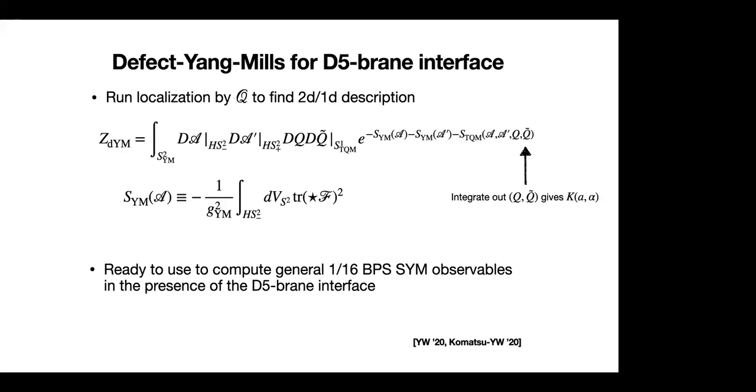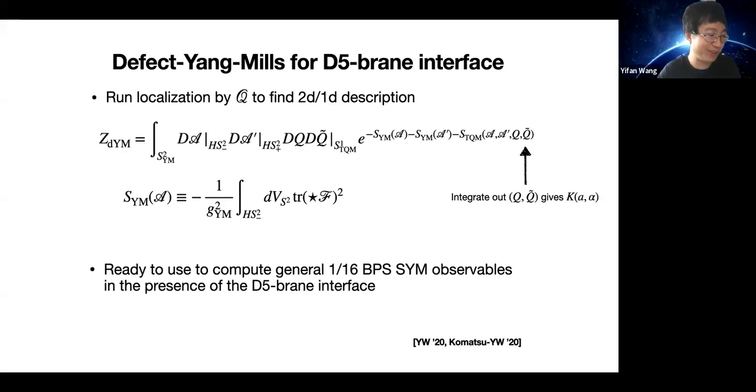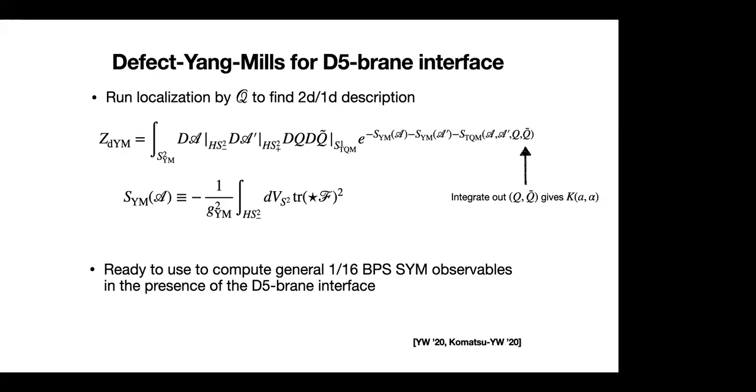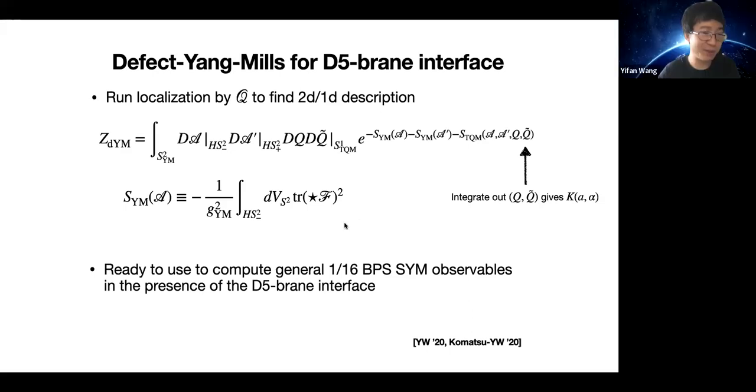Does it follow from the quiver description? Yeah, it follows from the quiver description. Does it have a quiver description of its own? It has a quiver description on its own. Okay, so essentially, for each bifundamental hypermultiplet, I'm being quite schematic here, you have a Q and Q tilde.